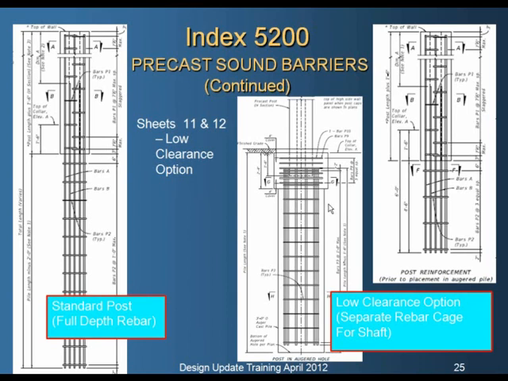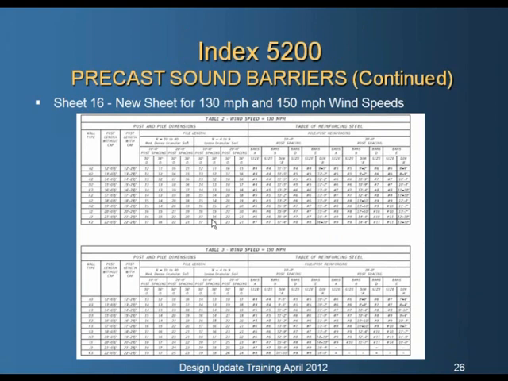With the low clearance option, the foundation is actually 2 separate cages. You have a separate rebar cage in the auger cast foundation, and then a 4'6" splice length that gets dropped into the foundation. So this should help. It may not resolve all the overhead clearance issues, but it'll certainly go a long way to help.